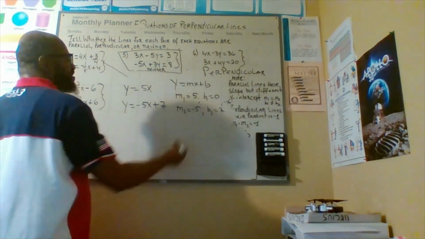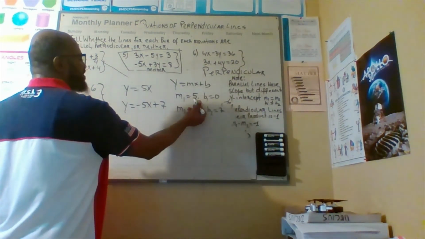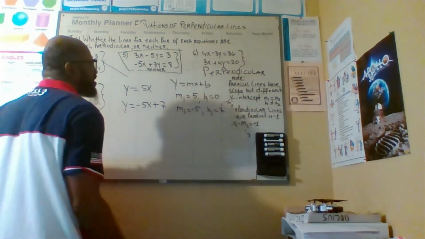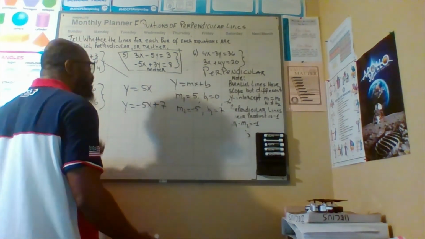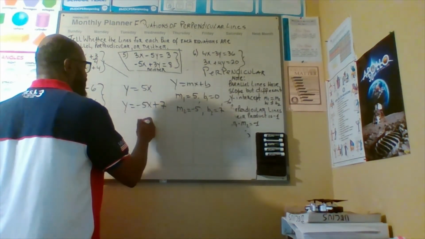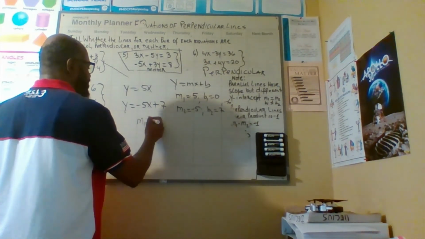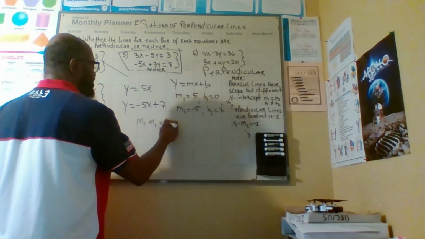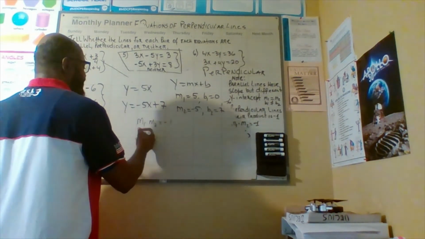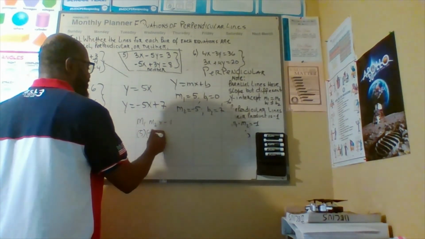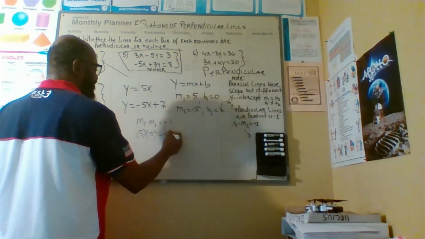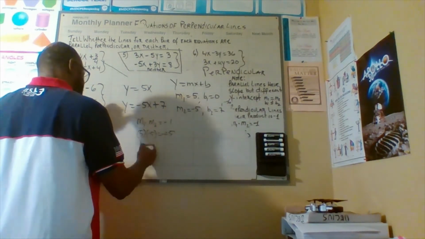The slopes are not the same, positive 5 and negative 5 are not the same. You can see they're not parallel. But if I take M1 times M2, that will be 5 times negative 5, which is negative 25. In this case, they're not parallel, they're not perpendicular, it's neither.